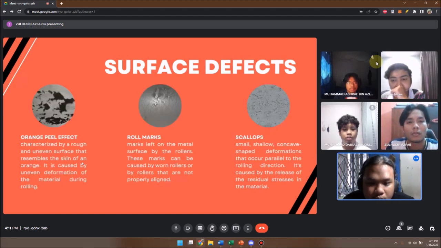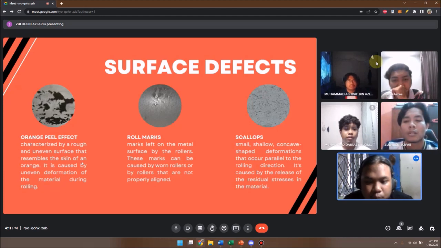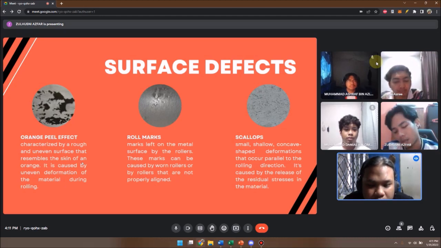Roll marks. Roll marks are marks left by a roller on the surface of the metal. This can be caused by a worn roller or by a roller that is not properly aligned. Orange peel effect, as the name speaks for itself, is a surface characterized by a rough or uneven surface that resembles the skin of an orange.